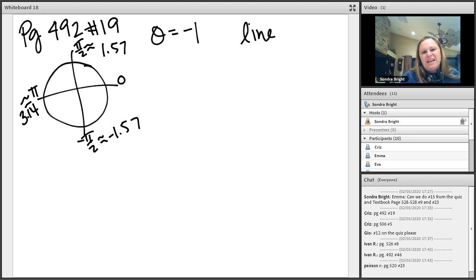So if I'm graphing -1, I'm going this way, but just not going that far. A straight line going through. This is theta equals -1, and your r can be anything, so that's why it's that straight line.